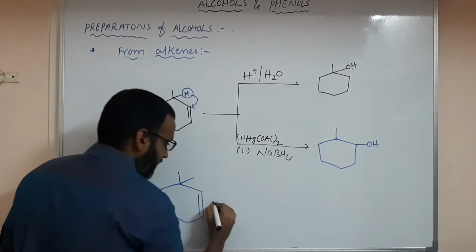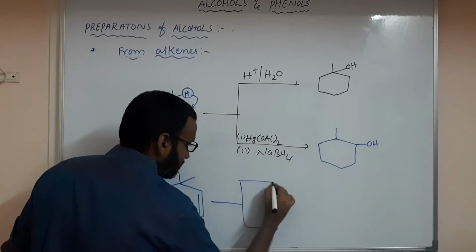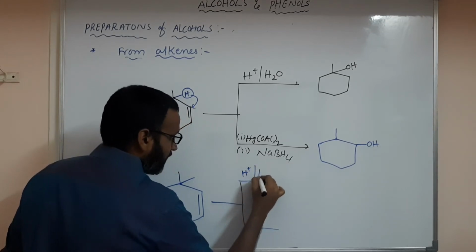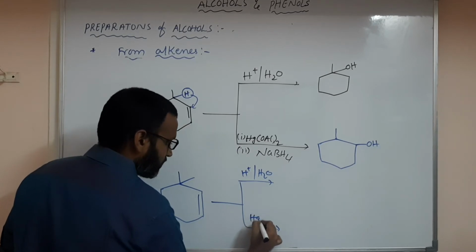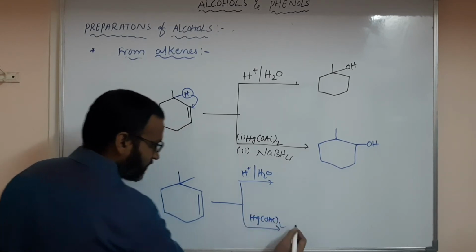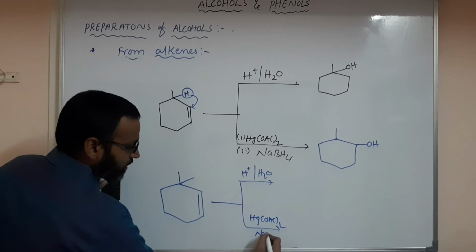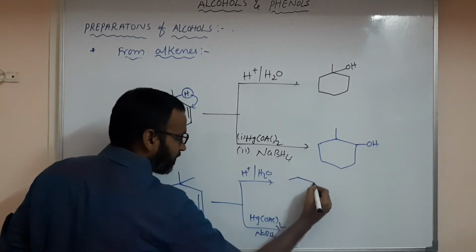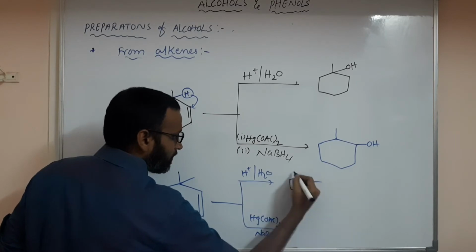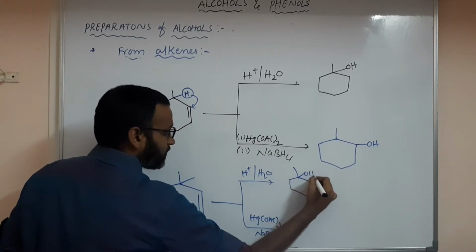Same story I am doing like this. I am adding H plus and water, the same oxymercuration Hg(OAc)2, and NaBH4. Now what is the product? Here a methyl shift happens, the methyl will shift here, and now OH will come here.